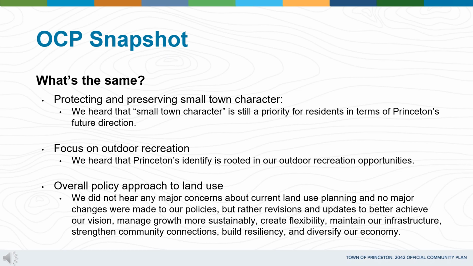Instead, we heard that the plan was hard to read, that there is a want for growth management, specifically around housing and accessibility needs, that there is a need to support and maintain our infrastructure, that wildfire and natural disaster protection is a key one, and that there is a desire for better connectivity throughout the community. Overall, no major changes were made in our policies.